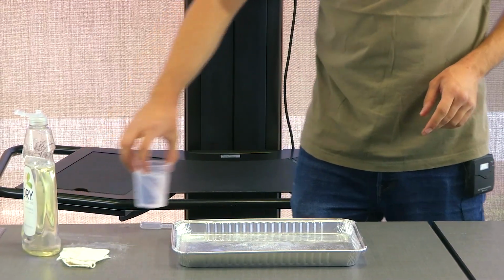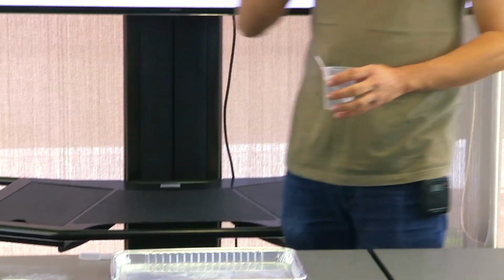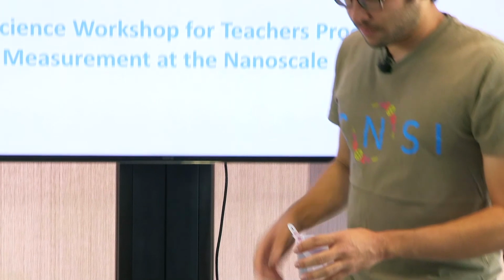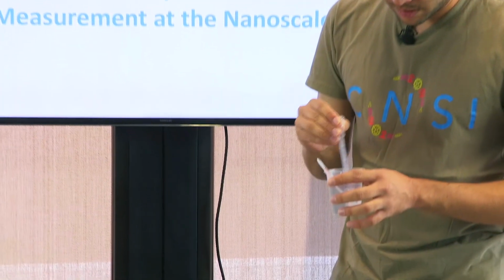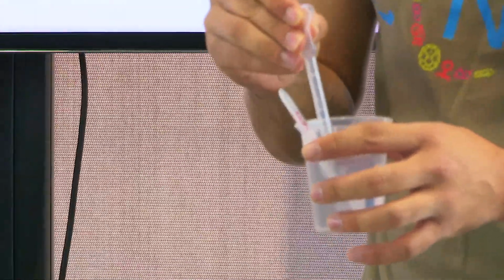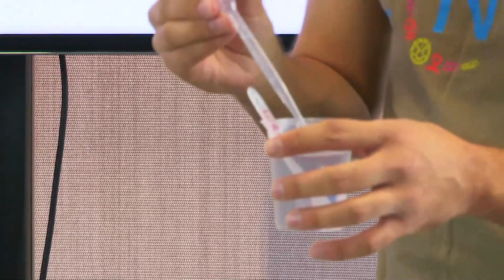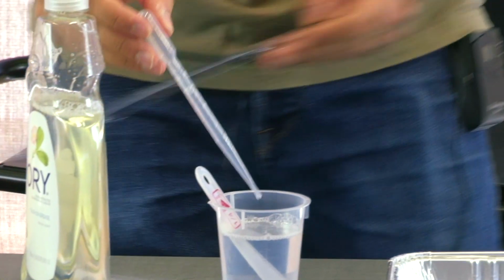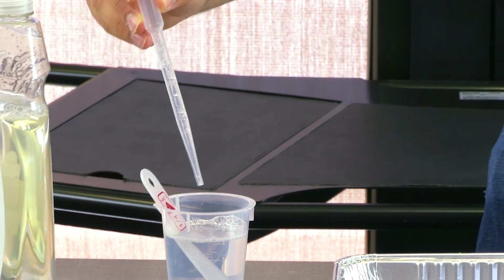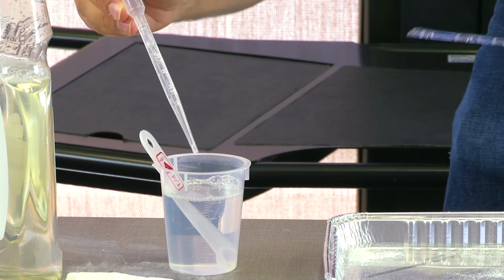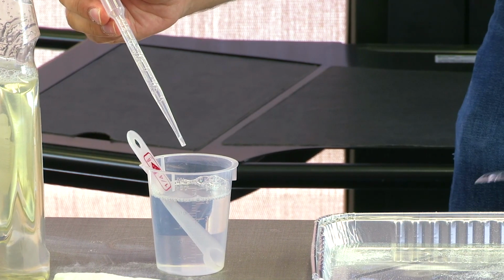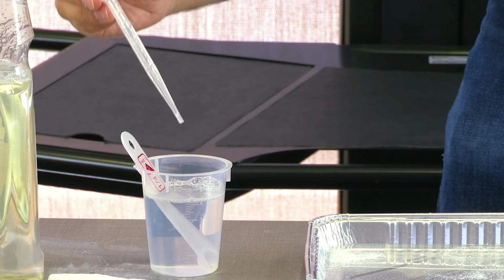Okay, so just a very thin layer of baby powder on your water, and then take your dropper. This part can be a little tricky. You just want to make sure that you get exactly 1 drop of your soap solution on there, and you want to have your ruler handy.